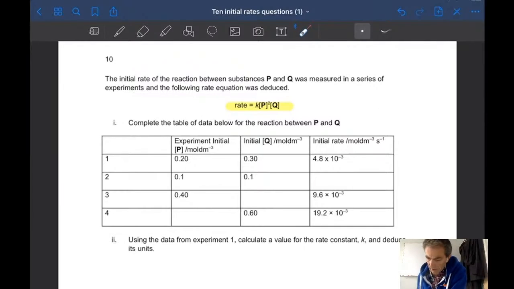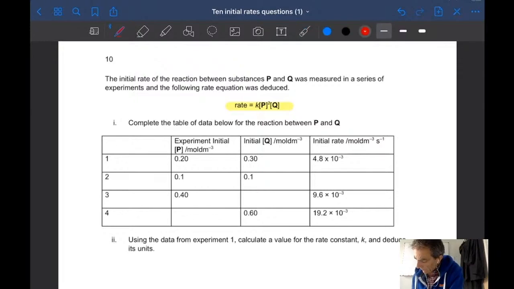So moving on to the final question, we've got the same sort of thing as before, where we've got to fill in the table. We've got the rate equation, which you can see I've already highlighted. So first blank, the initial rate for experiment 2. Let's look at what's happening. The initial concentration of P is halved, and the initial concentration of Q is a third of what it was. So let's feed that into the rate equation.